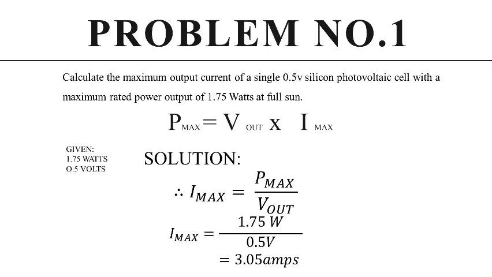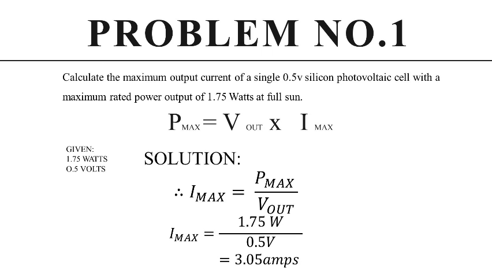Problem number 1. Calculate the maximum output current of a single 0.5 volt silicon photovoltaic cell with a maximum rated power output of 1.75 watts at full sun, using the formula P max is equal to V out multiplied by I max, given 1.75 watts and 0.5 volts.